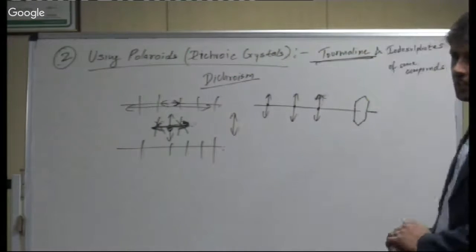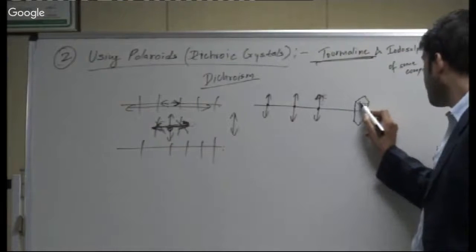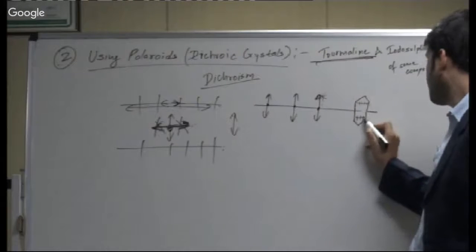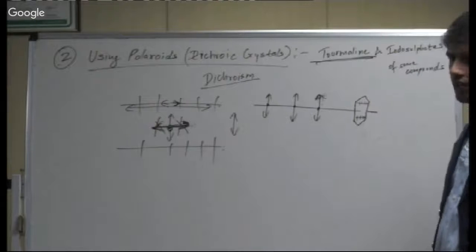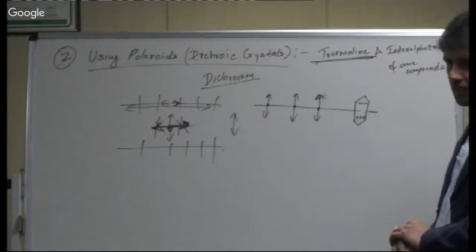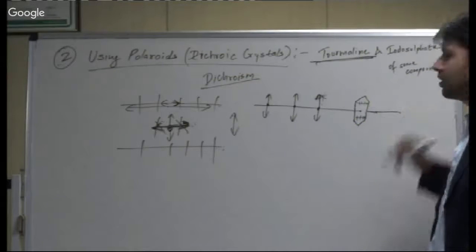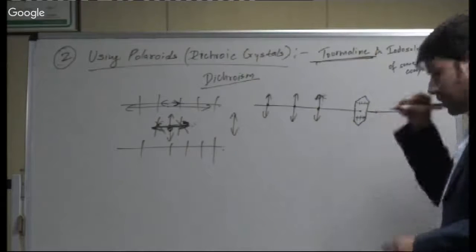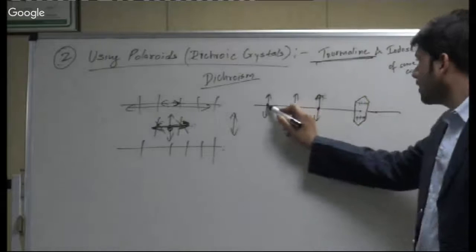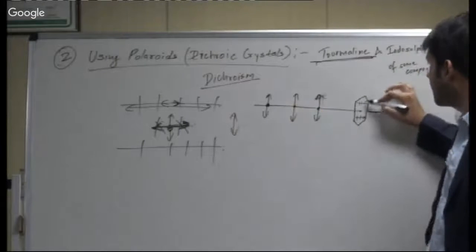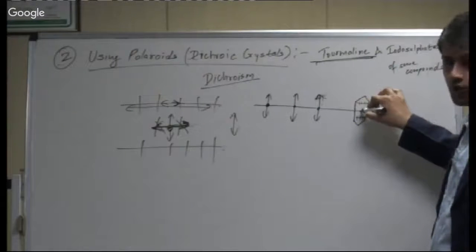Let's say in this hexagon, we have chains like this, into the plane of paper. And what would happen after it crosses the crystal? The oscillations which were into the plane would get absorbed.